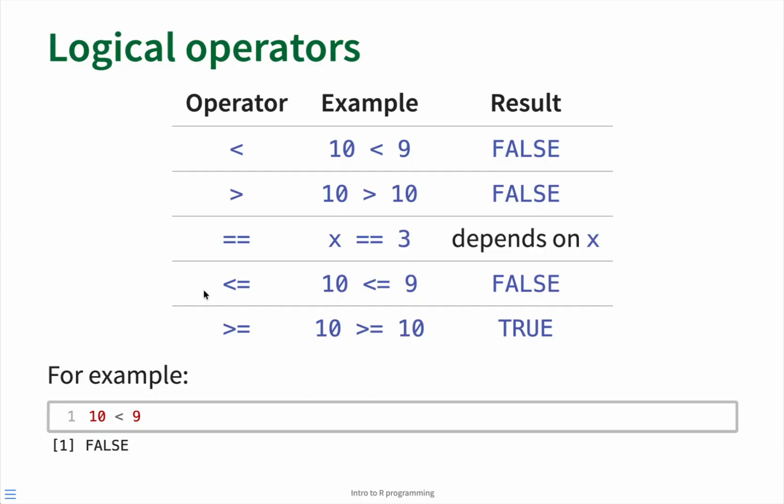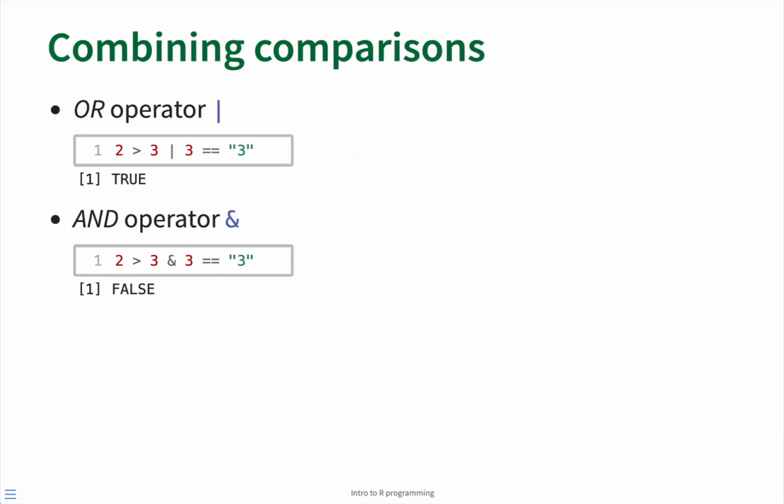If we want to do a combined greater than or equal to, or less than or equal to, then we can combine the greater than or less than symbol with an equals symbol. We can also create more complex expressions where we include multiple comparisons.